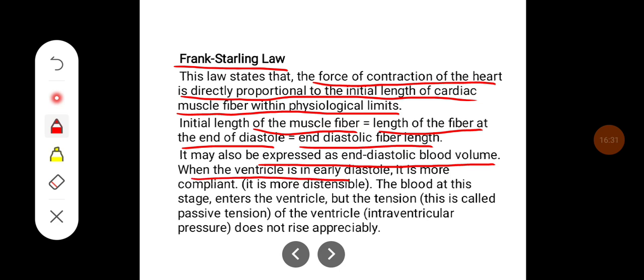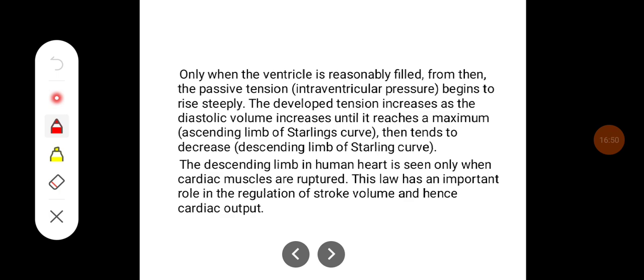When the ventricle is in early diastole, it is more compliant, that is, more distensible. The blood at this stage enters the ventricle, but the tension, called the passive tension of the ventricle, does not rise appreciably. Only when the ventricle is reasonably filled does the passive tension begin to rise steeply.